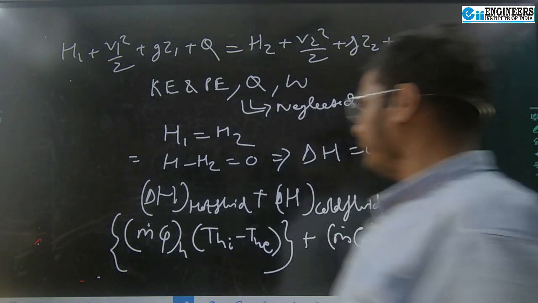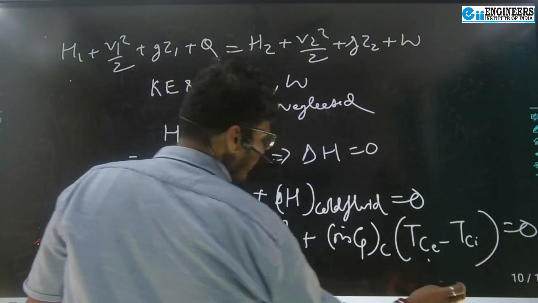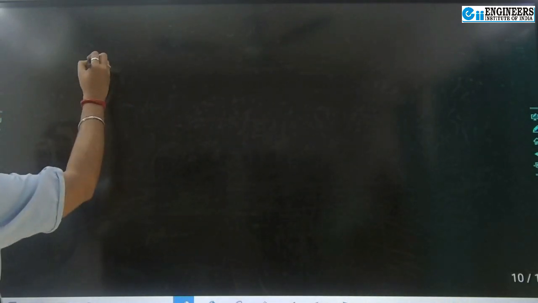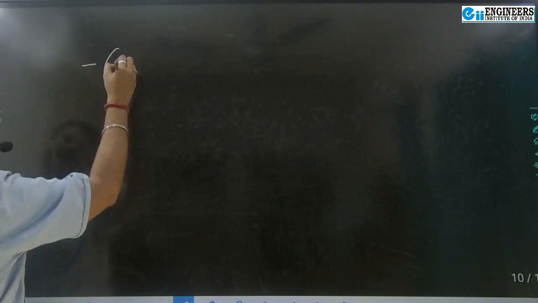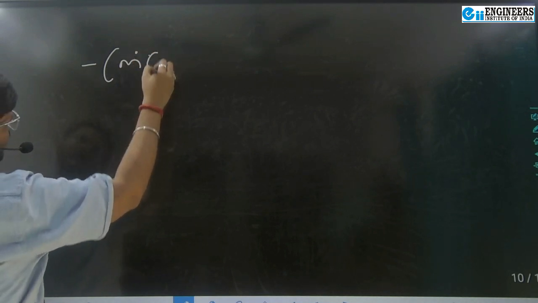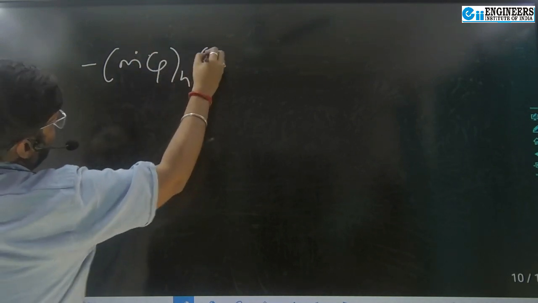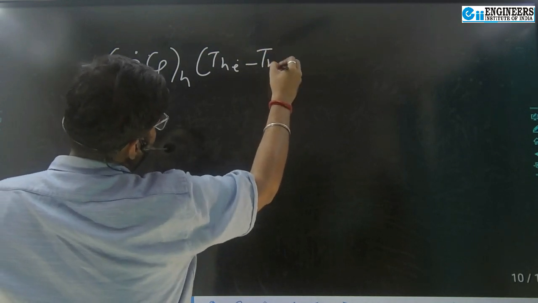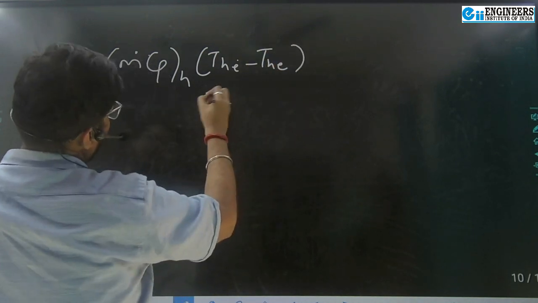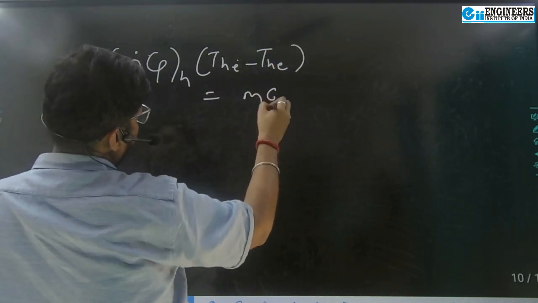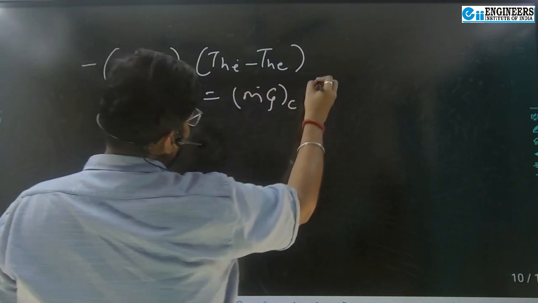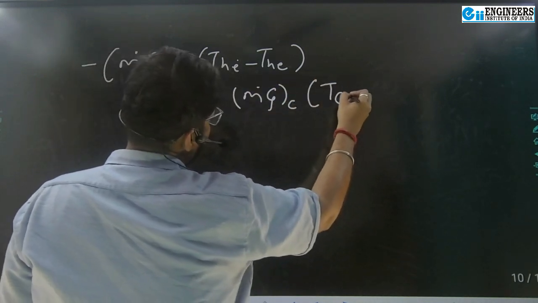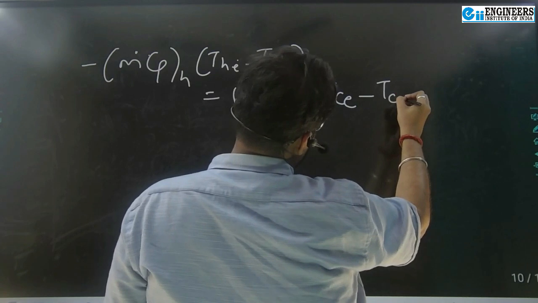That means, I can write minus m dot Cp hot, (Thi minus Tho) is equal to m dot Cp cold (Tce minus Tci).